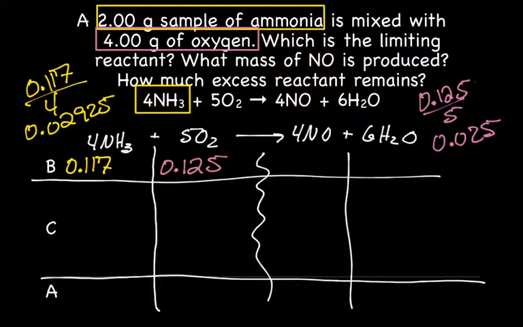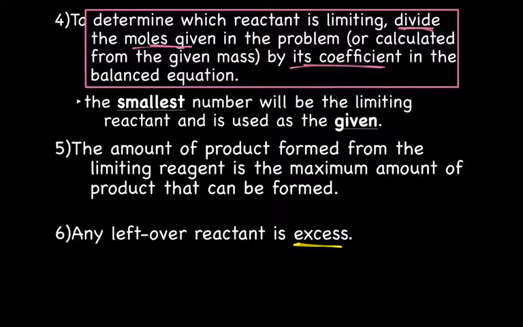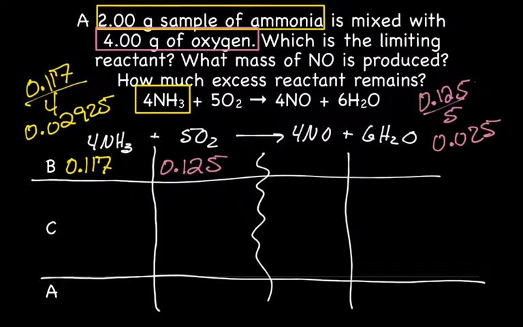All right, so what do we do with this information? Let's go back and check real quick. The smallest number is the one that's limiting, and it's going to be our given. So which one was the smaller one? Let's see, we've got NH3, which is 0.02925, and oxygen, which is the smaller one, right?